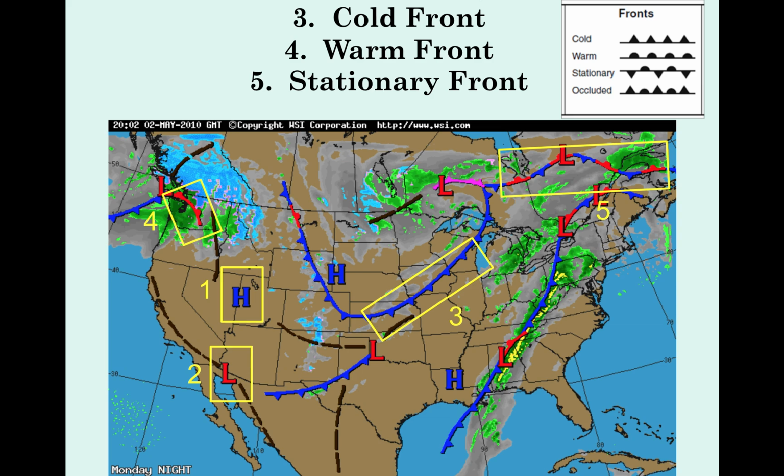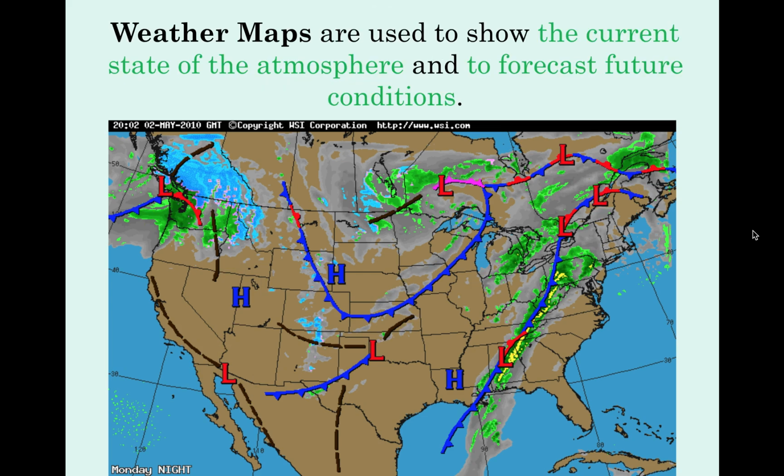This tells us the boundary between two air masses and what type of air mass is moving where. So, weather maps are used to show the current state of the atmosphere and to forecast future conditions.